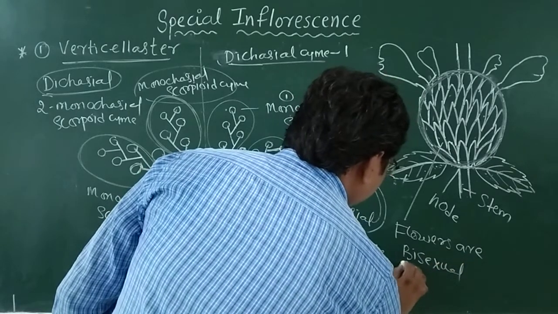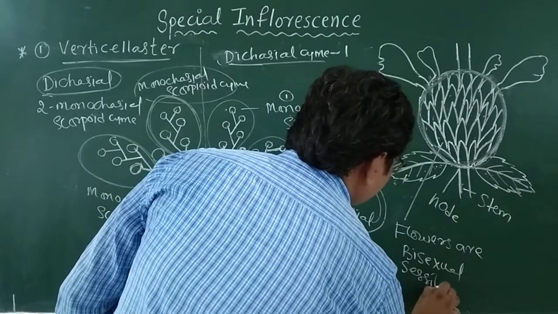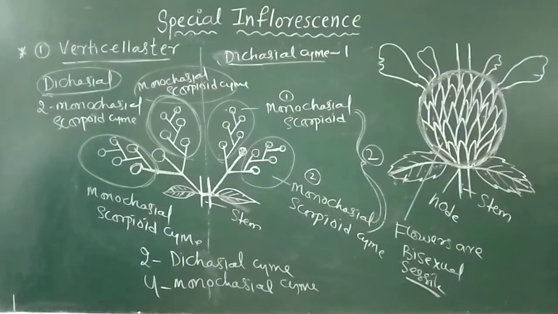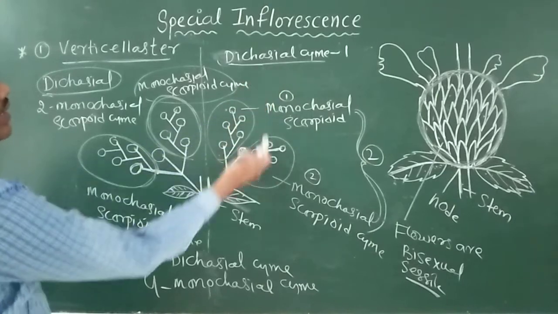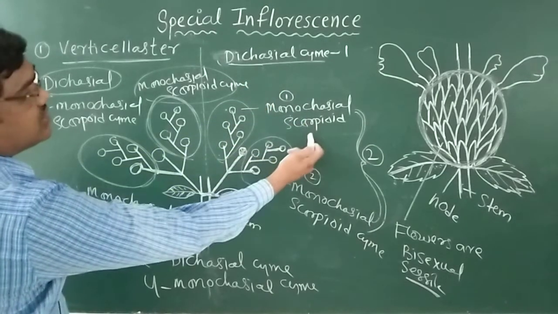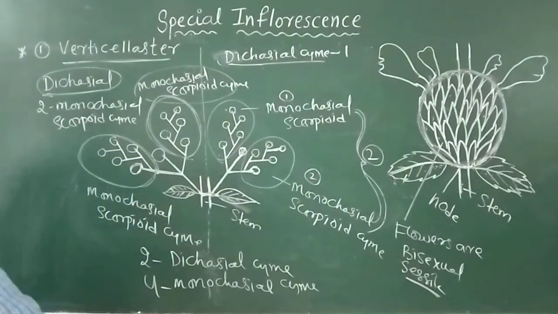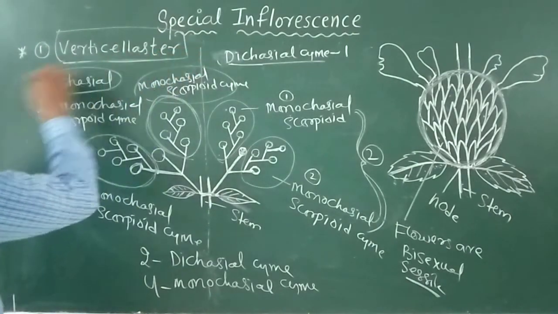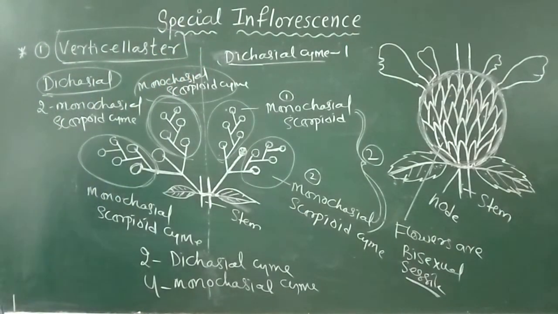Bisexual and sessile flowers are arranged in dicasial cyme and monocasial scaphoid manner. So this type of arrangement of inflorescence is called verticillaster. This is a special type of inflorescence.